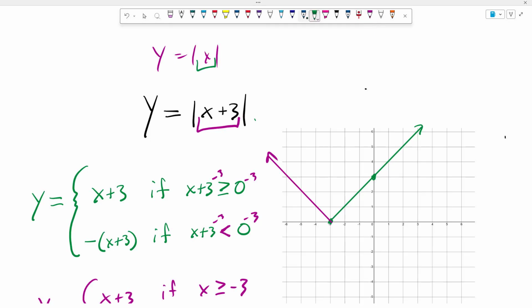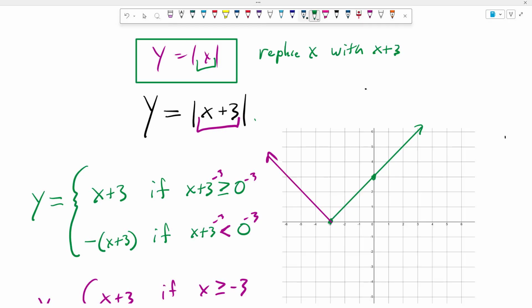So when you replace x with x plus some number, let's call it a, or let me just go with 3, it just takes this function and shifts everything left, the opposite of that sign, so if it's positive, it goes left by 3 units.